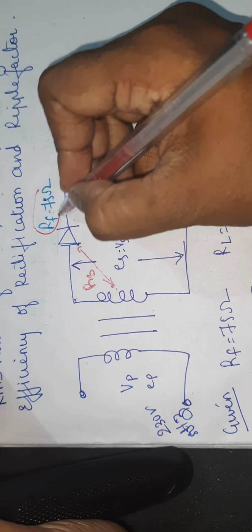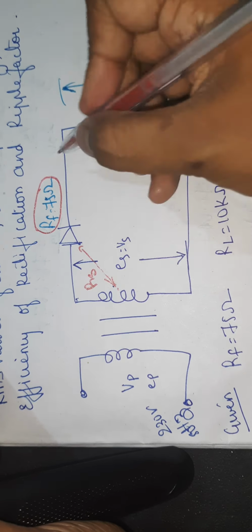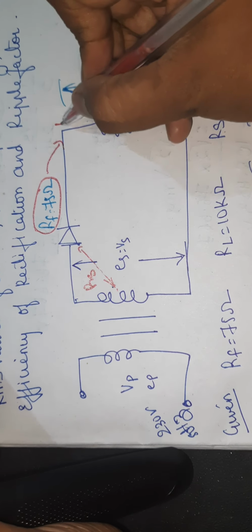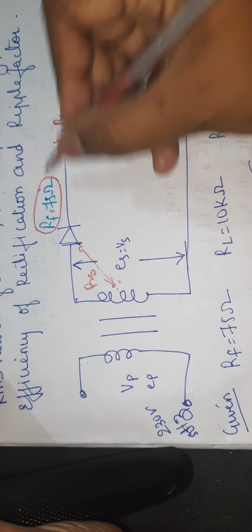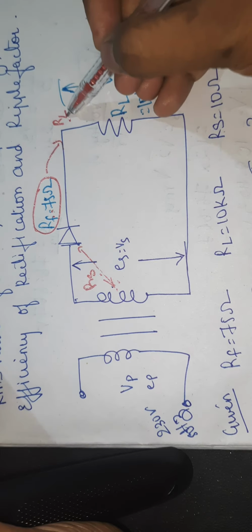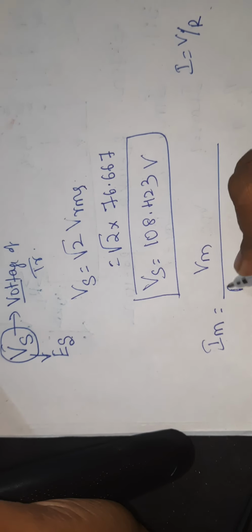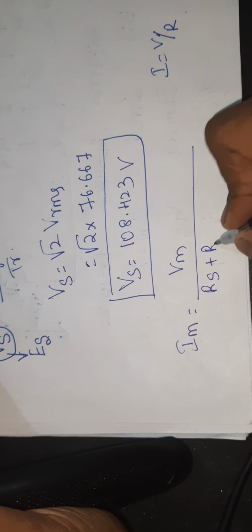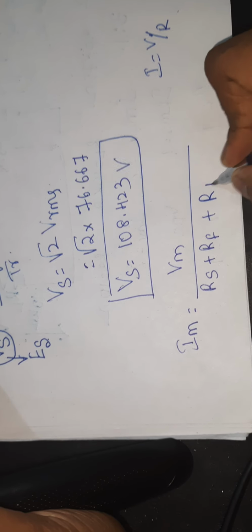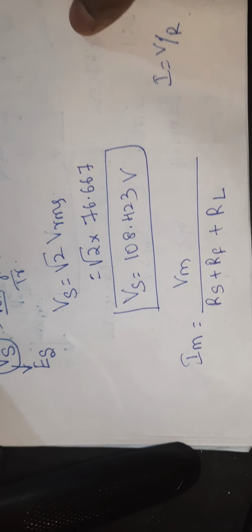Next I have Rf. Then from here to here, RL is there. So Rs plus Rf plus RL, all three resistances we have to add.